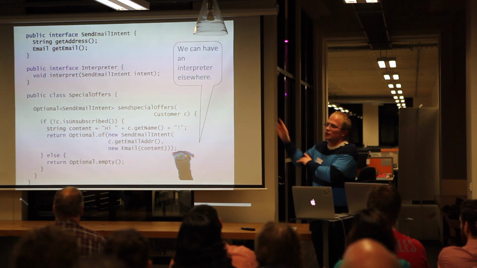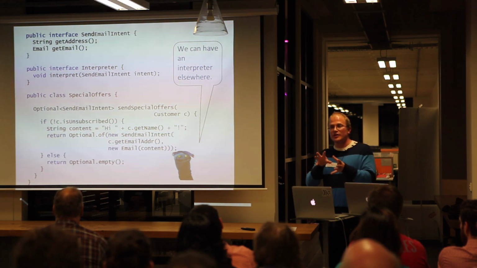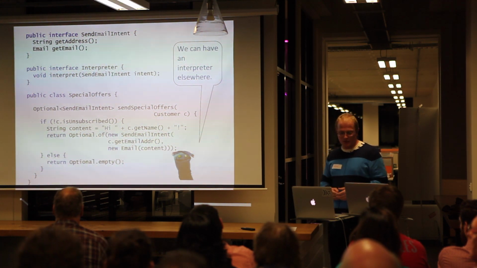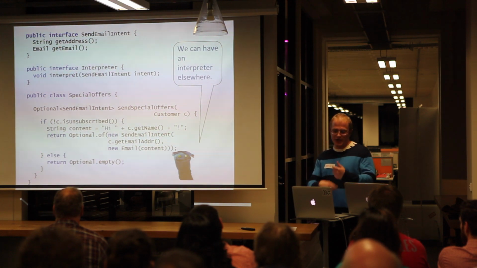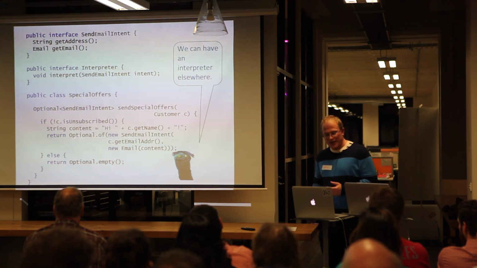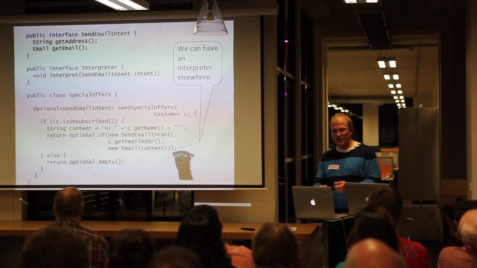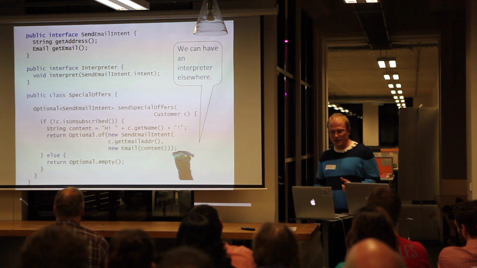But that gets called in some other part of the code. We don't have to worry about it here. And then our logic with the interesting bits and pieces that we want to check, the composition of the email and the check of the subscription status, that's now a pure function. And given a customer, it returns optionally a send email intent.